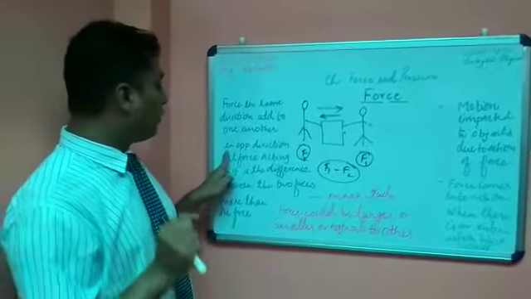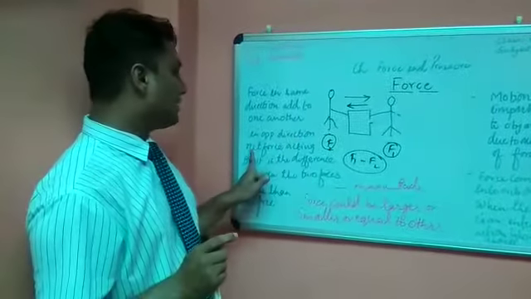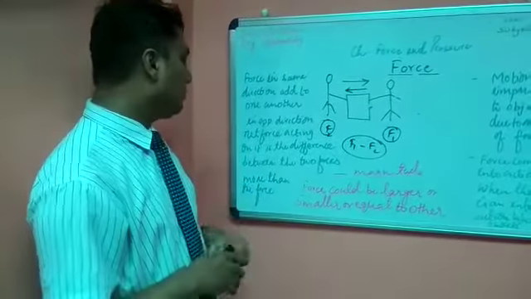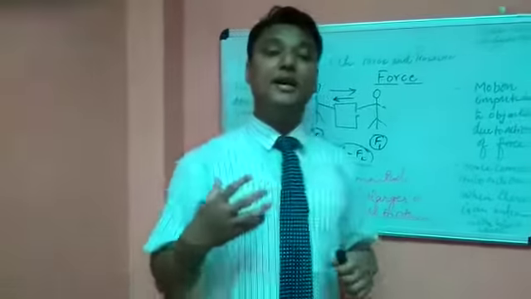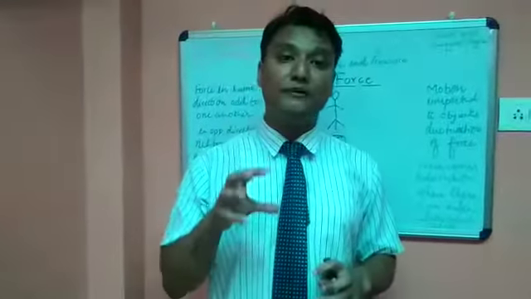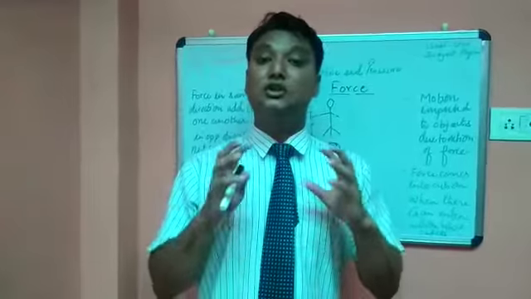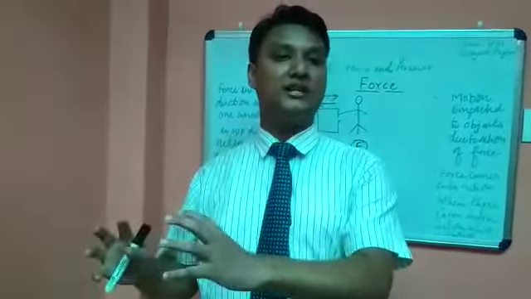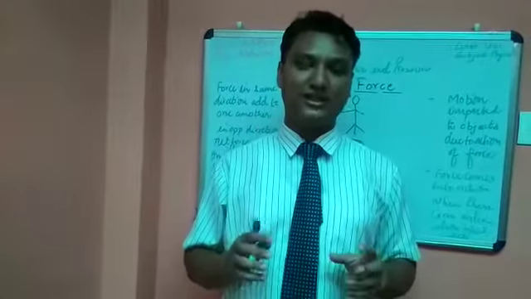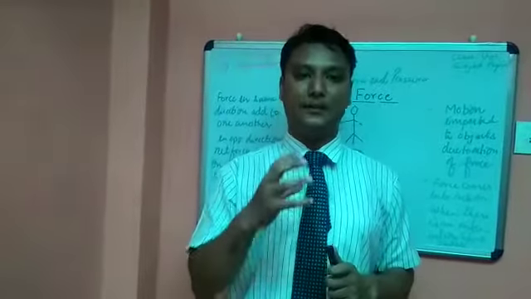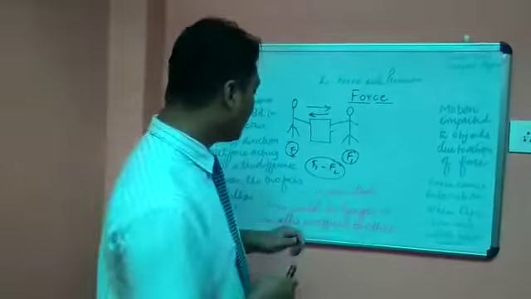So when the force is in the opposite direction, the net force acting on it is the difference between the two forces. So there will be a condition when there is more than one force on one object. So how do we calculate? The net force on that object, when there is more than one force, is the difference of the forces applied on the object.